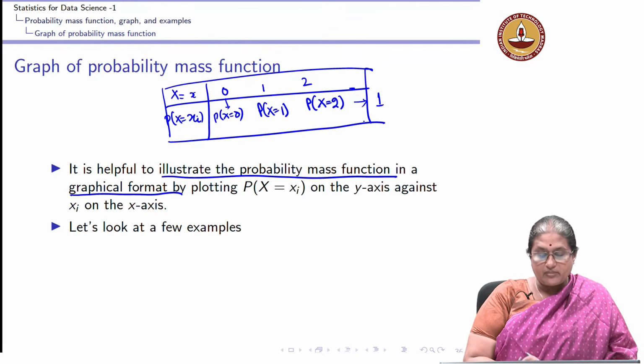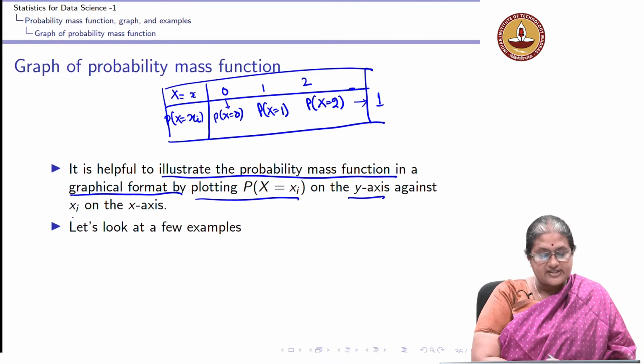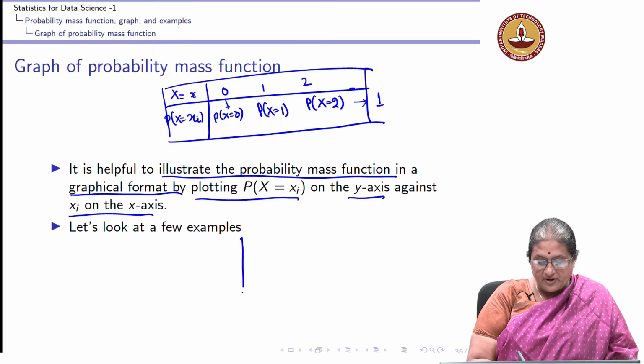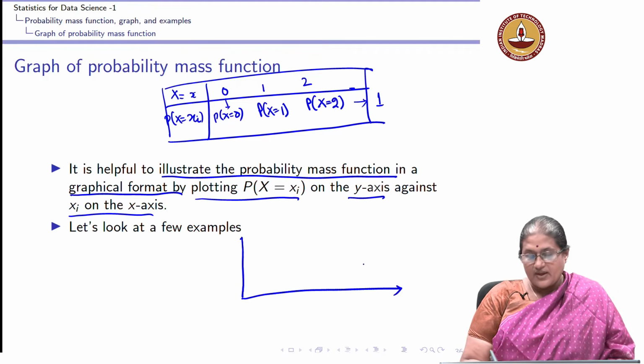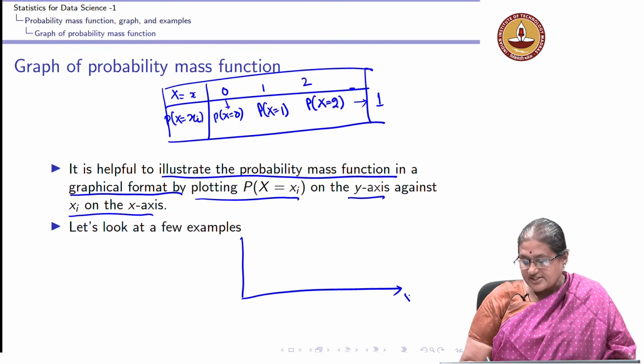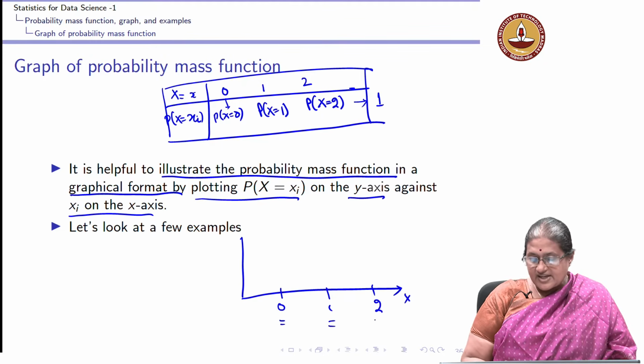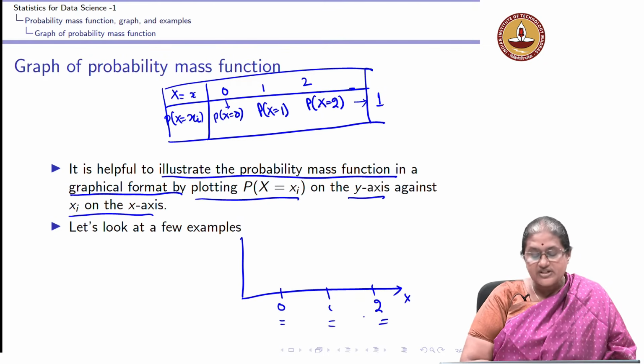What do we mean by that? I can plot the probabilities on the y-axis against xi on the x-axis. So, a simple way to discuss this is, what are the values x takes here? X takes the values 0, 1, and 2. Remember that these are just the values it takes.